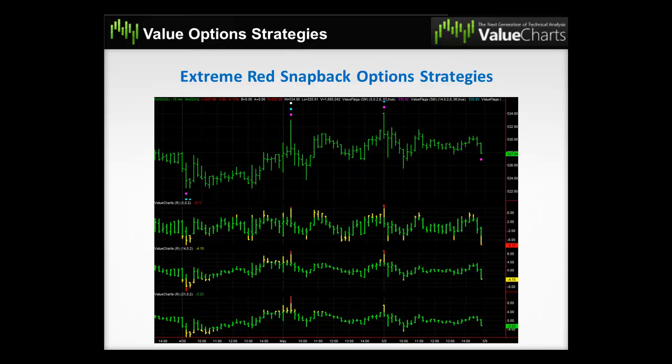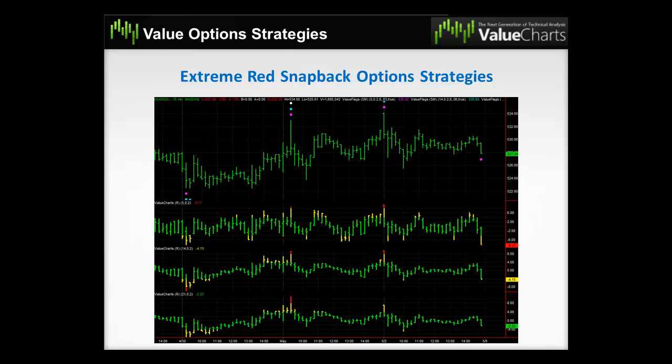Welcome to the Extreme Red Snapback Options Strategies Workshop. This is a great strategy, and I'm going to show you today that it works very well in stocks, futures, and Forex, although today I'm just going to cover specific examples in the stock market.